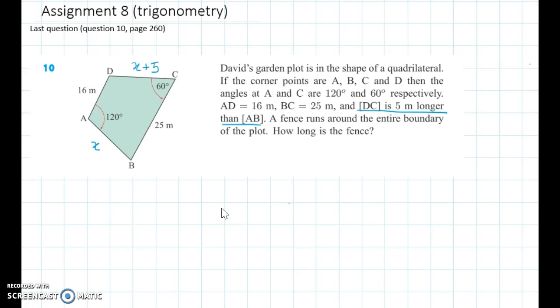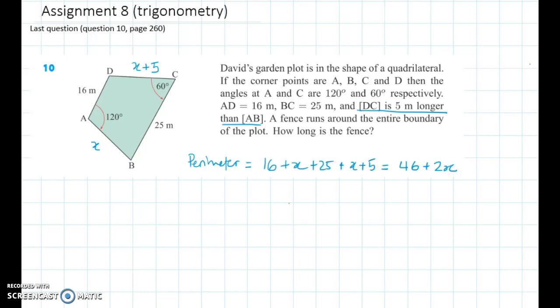So we need to find the value of X. So then we are going to see that the perimeter, so that's the length of the fence, is equal to 16 plus X plus 25 plus X plus 5. We can even simplify this to 46 plus 2x, and then our job is to find the value of x.